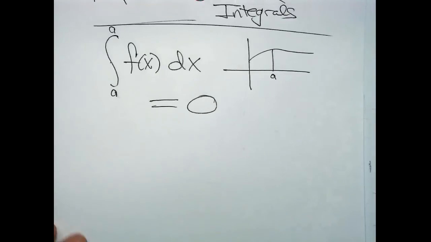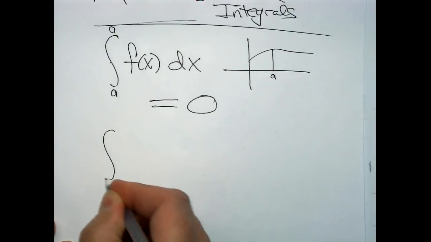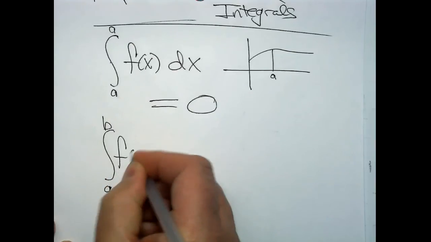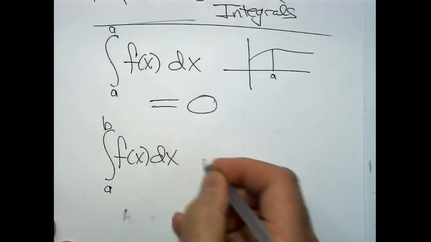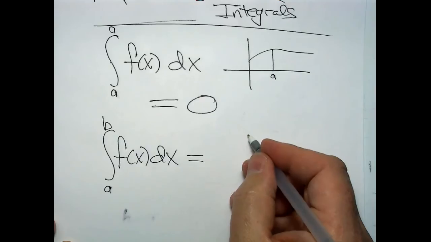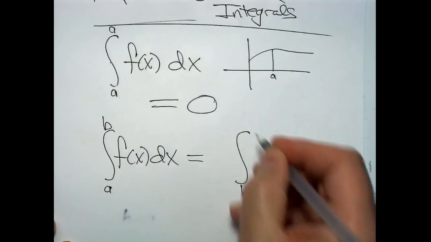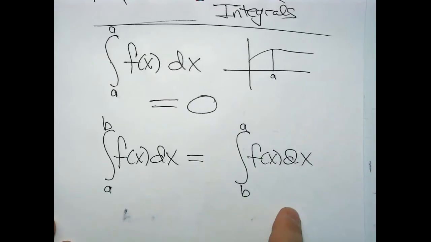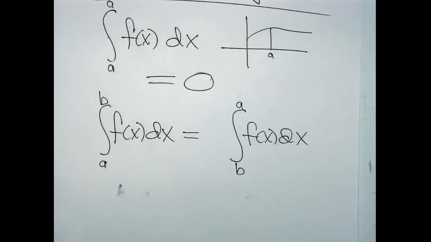Something else to note. If you were to ask for the area from a to b on a function, and then you went ahead and reversed those limits of integration, you would think you'd get the same result.